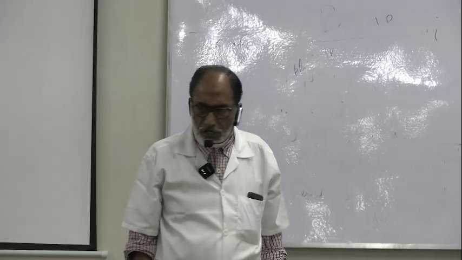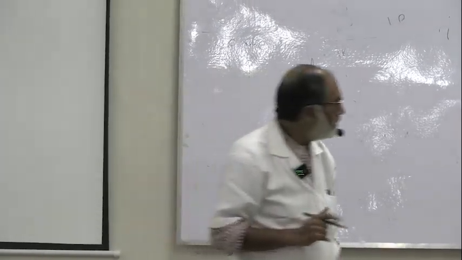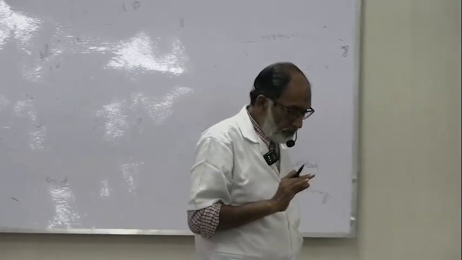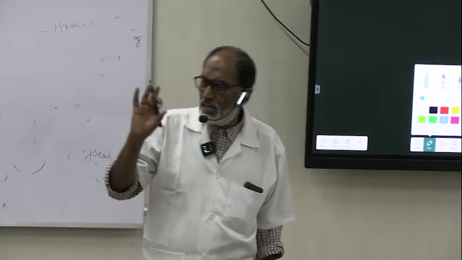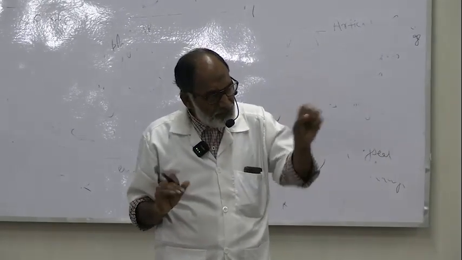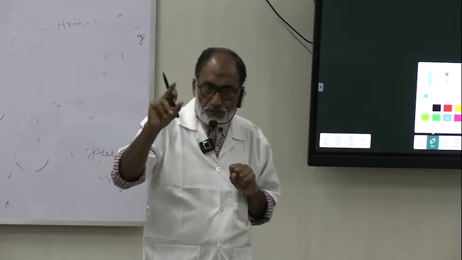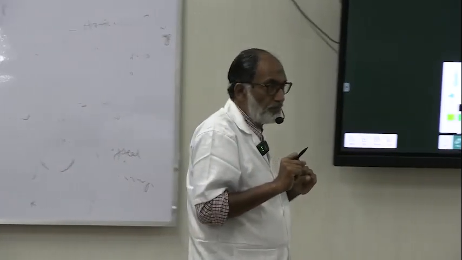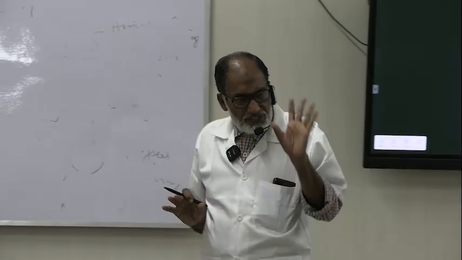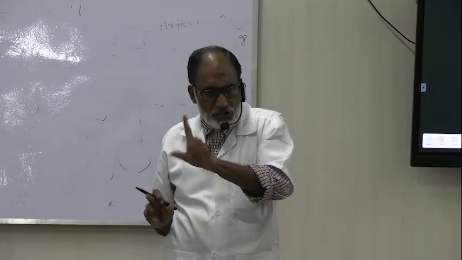Now let us see how this plexus is formed. This nerve plexus, brachial plexus. Now how many spinal nerves are there? There are eight cervical nerves. There are 12 thoracic nerves. There are 5 lumbar nerves. There are 5 sacral nerves and 1 pair of coccygeal nerve.